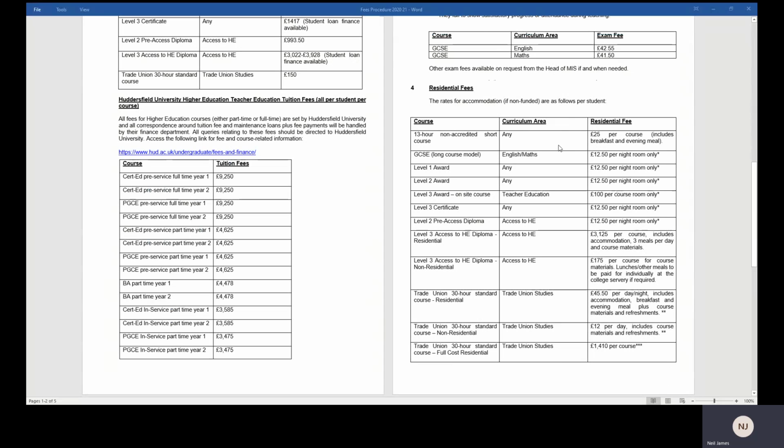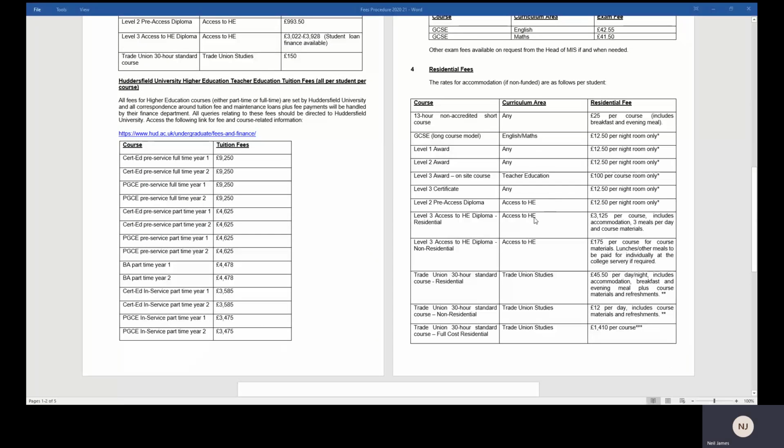Okay, so the rest of the section just details how much per night these students would have to pay for their room-only accommodation, as that's the basis that these students tend to come in on, until we get to the level 3 access to HE diploma residential fees, which are detailed there and show you what they include.